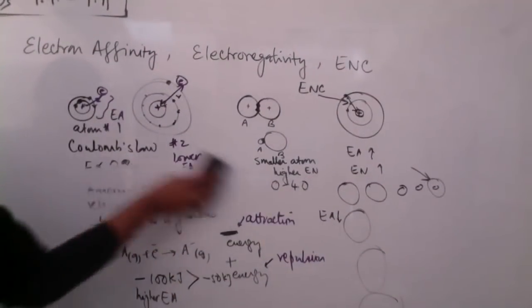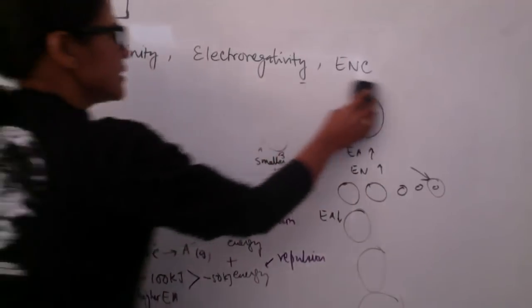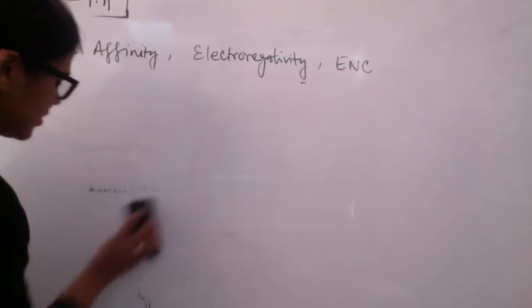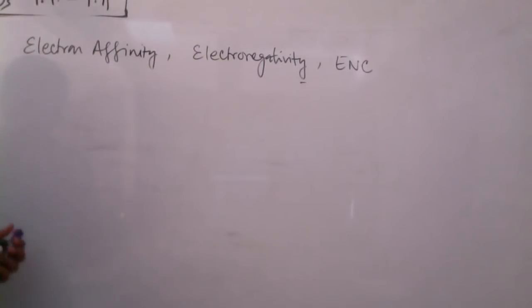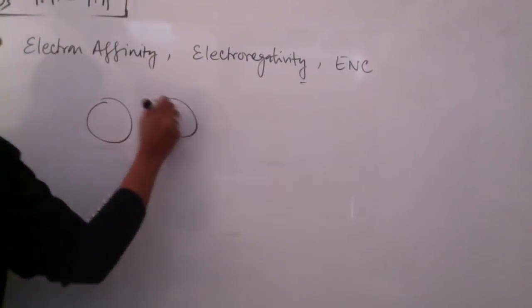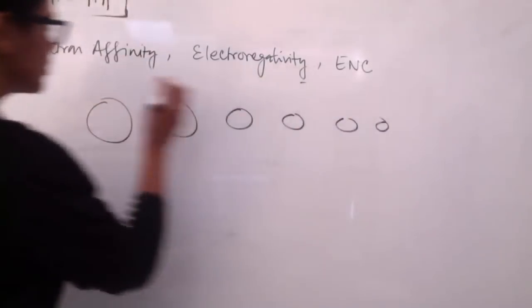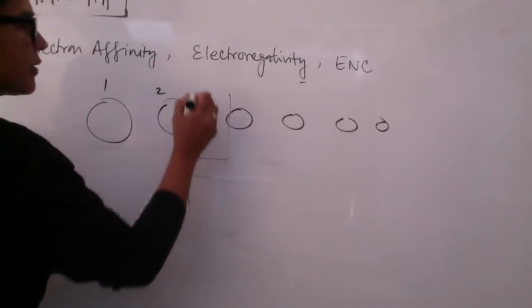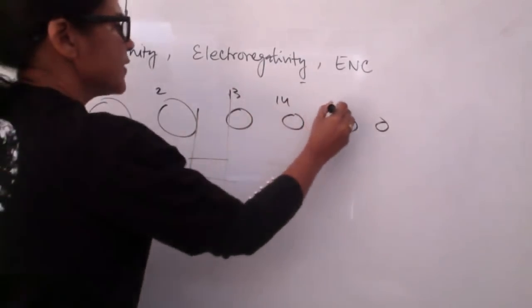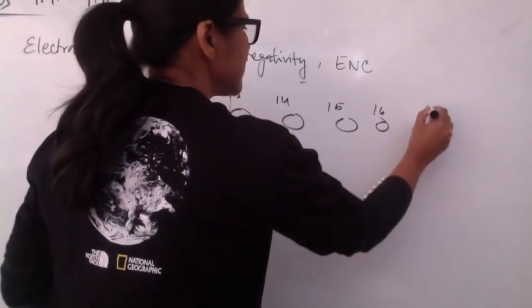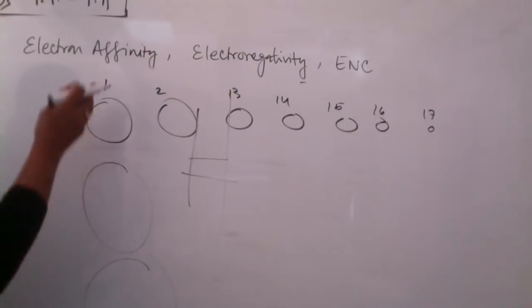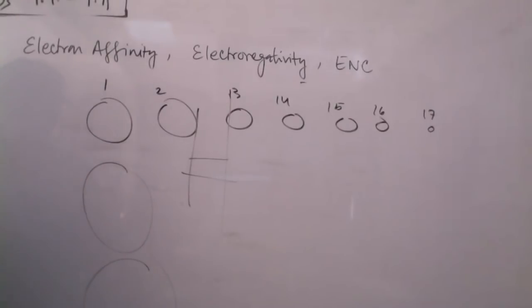Now I will do the exceptions to electron affinity. The trend dictates that as you go across the period, groups 1, 2, then the transition metals in between, then 13, 14, 15, 16, 17, and going down, electron affinity decreases, no problem with that, as the atomic radius is increasing.